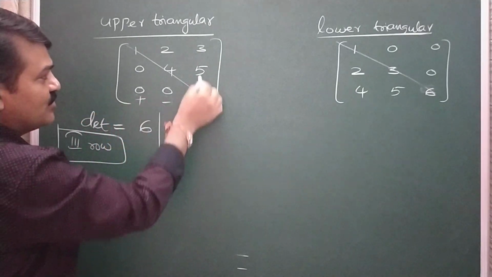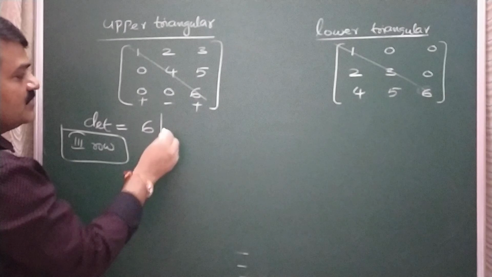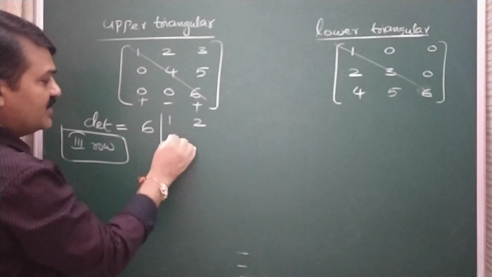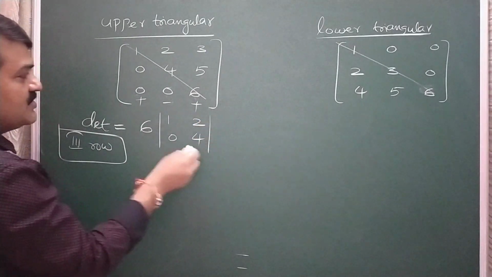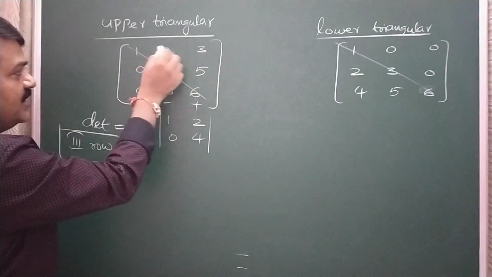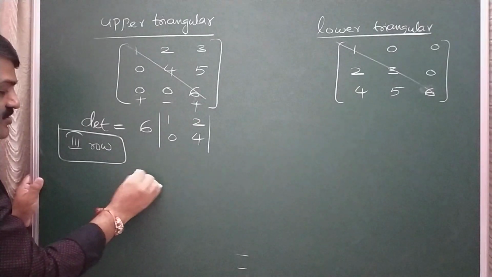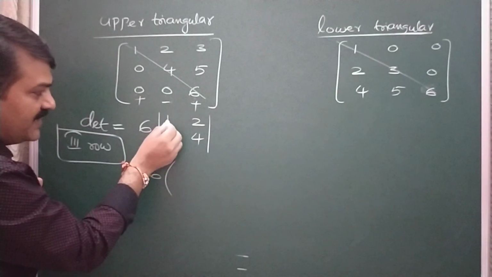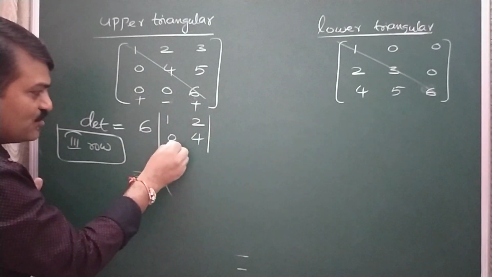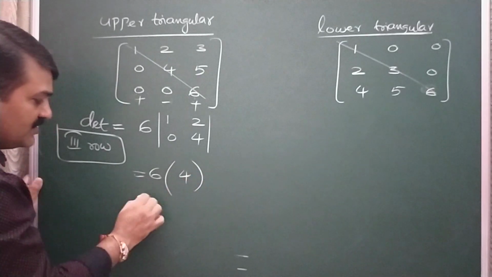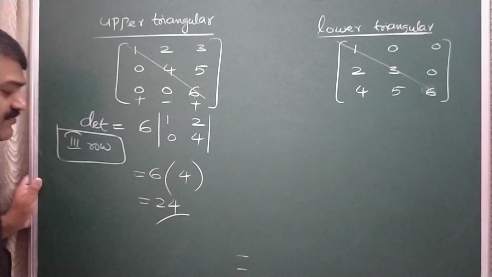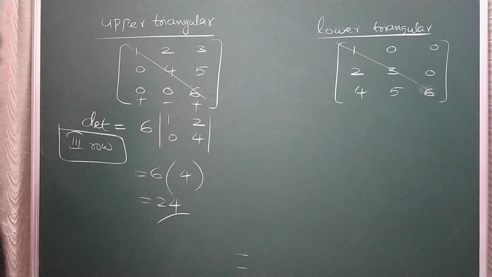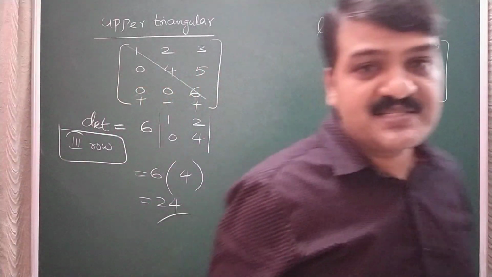So 6 into its minor. Remove this row, this column. What is left? 1, 2, 0, 4. So 6 into the determinant of 1, 2, 0, 4. What is the determinant of this? 1 into 4 minus 2 into 0. So what is the answer? 24. So what is the property you have to understand here?